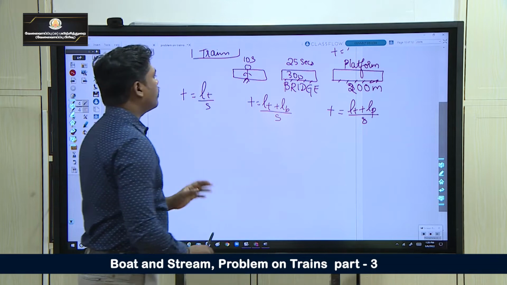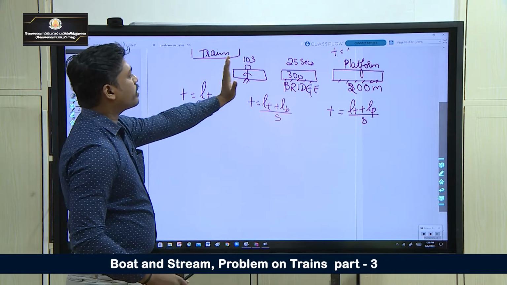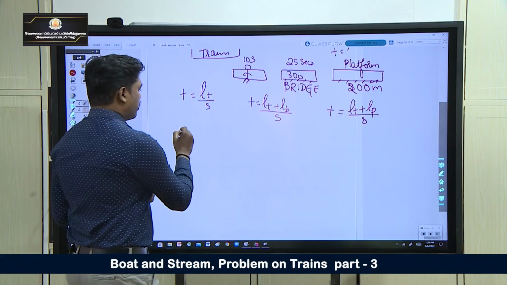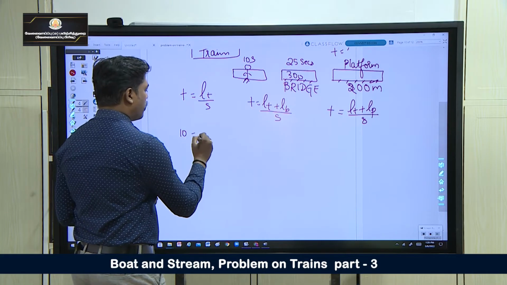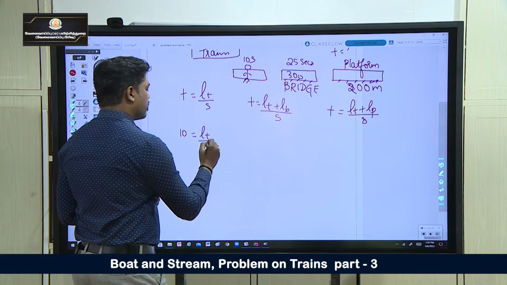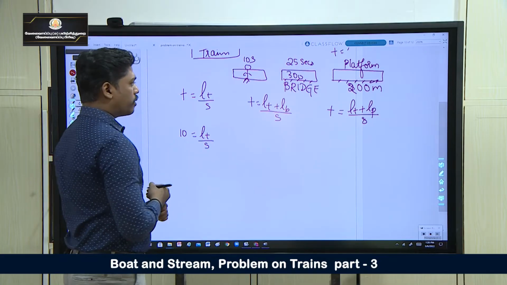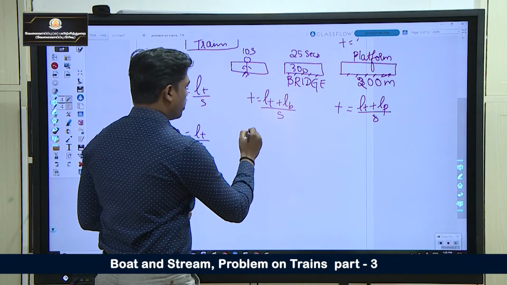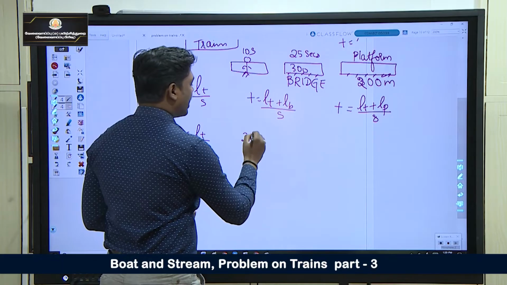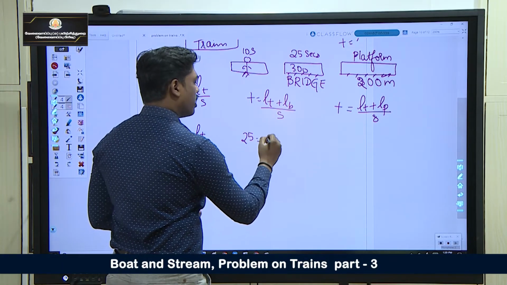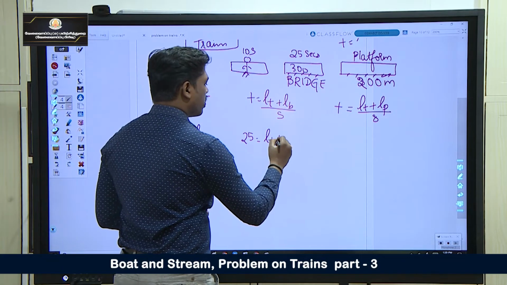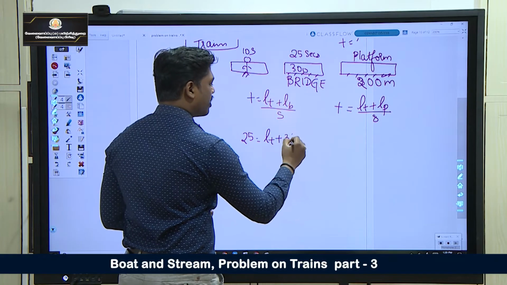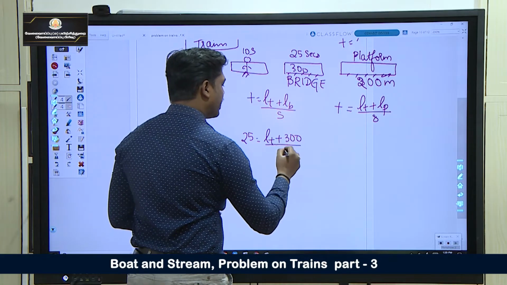Okay. First thing is, it crosses a man in 10 seconds. So 10 is equal to length of train by speed of train, both unknown here. In 25 seconds it crosses a bridge: length of train unknown, length of bridge is 300, divided by speed, which is unknown.